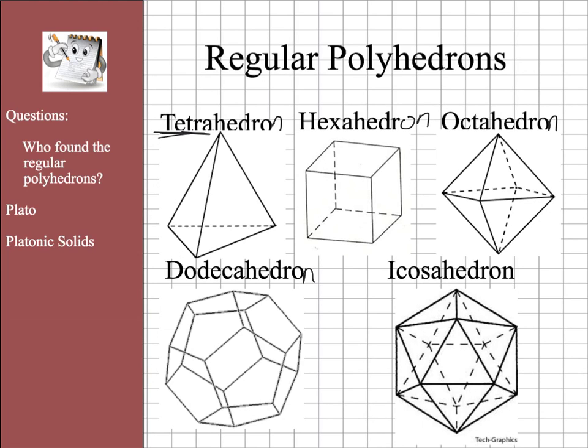Okay. Tetra is 4, so this is 4 faces. Hex, that's still the same, so that's 6. 6 faces. Hexahedron is also labeled as a cube.